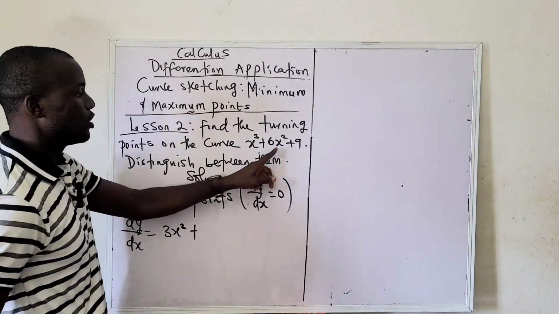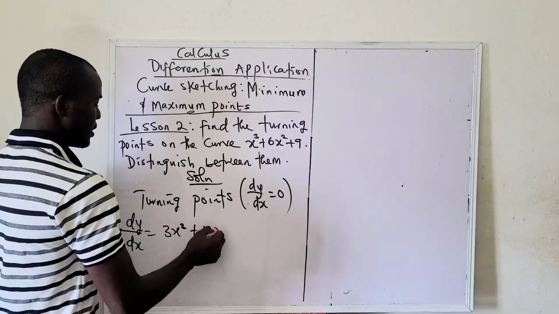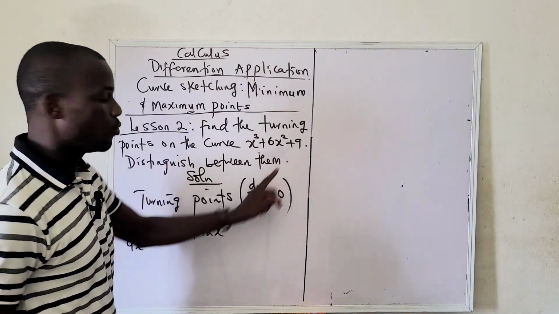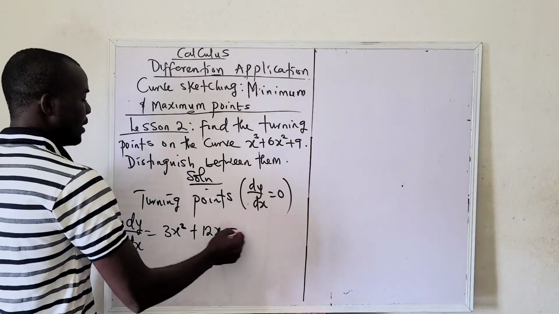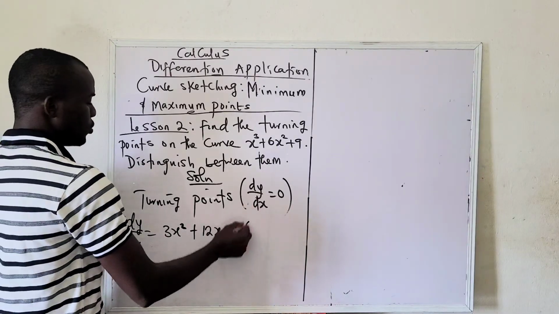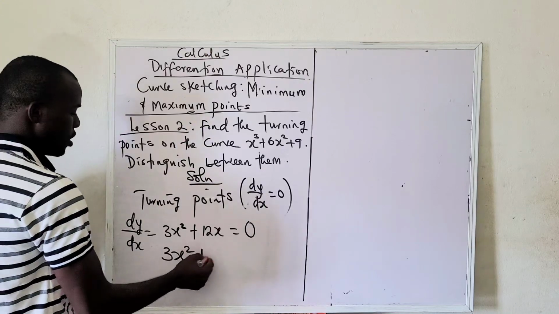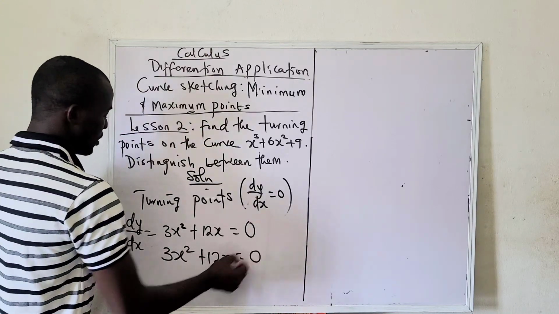If we differentiate 6x squared, it will become 12x, and if we differentiate 9, we will have 0. This will be equal to 0, and then we are solving for this: 3x squared plus 12x equals 0.